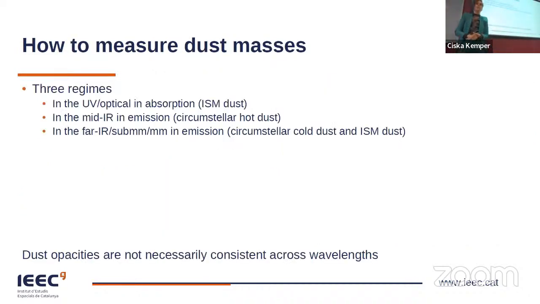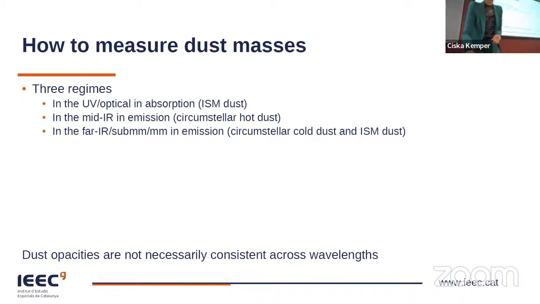So how do we measure these dust masses? Well, there are three important regimes here. One is the optical and the UV regime, where you can study the dust in absorption. You can measure the mass of dust, particularly in its interstellar medium, along the line of sight towards a background source.